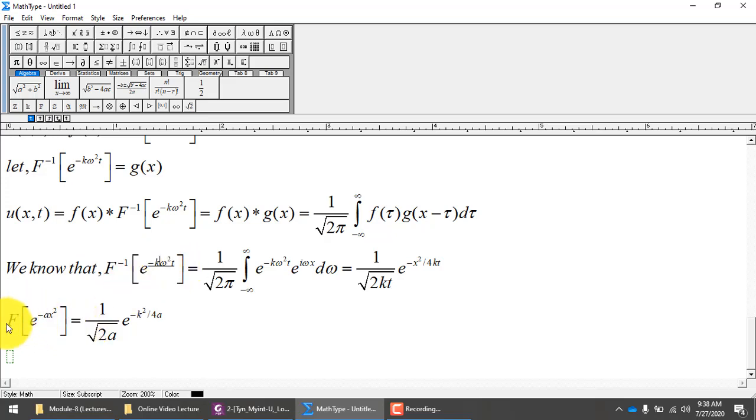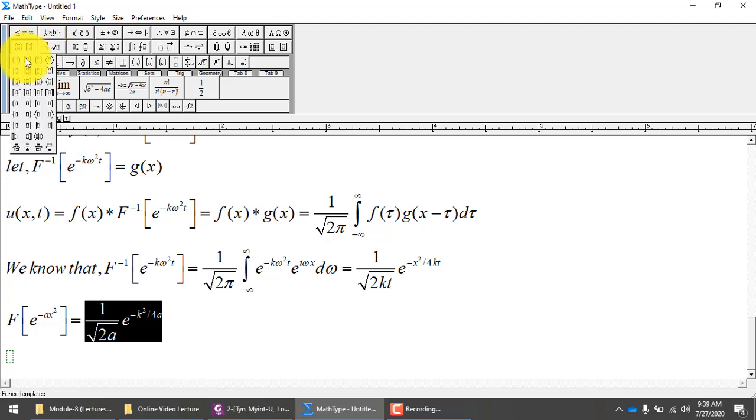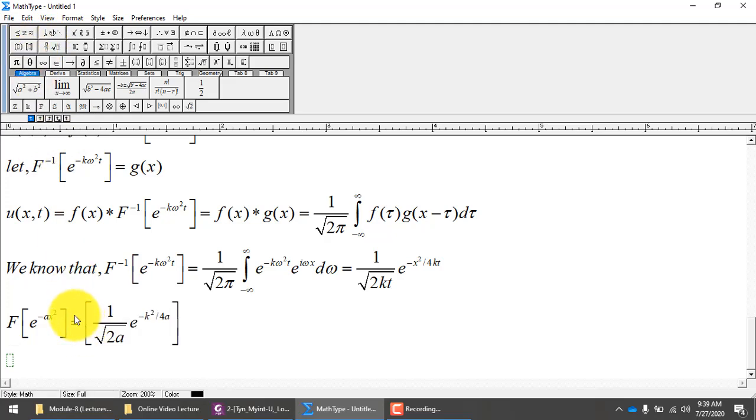Remember that on the right hand side the Fourier transform will become the Fourier inverse. We are taking f to the right hand side and you will be left with only the exponential.